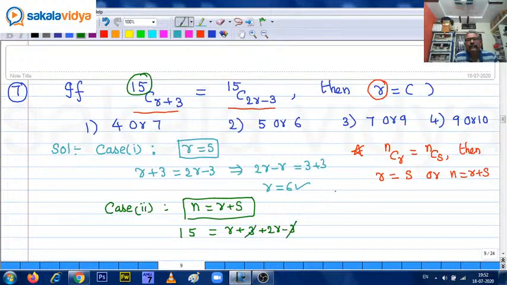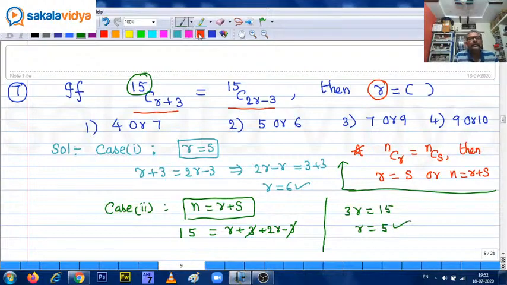We have here 3r equal to 15, r equal to 5. This is also an integer. So therefore, hence, r value is equal to 5 or 6. Second option is the right option.